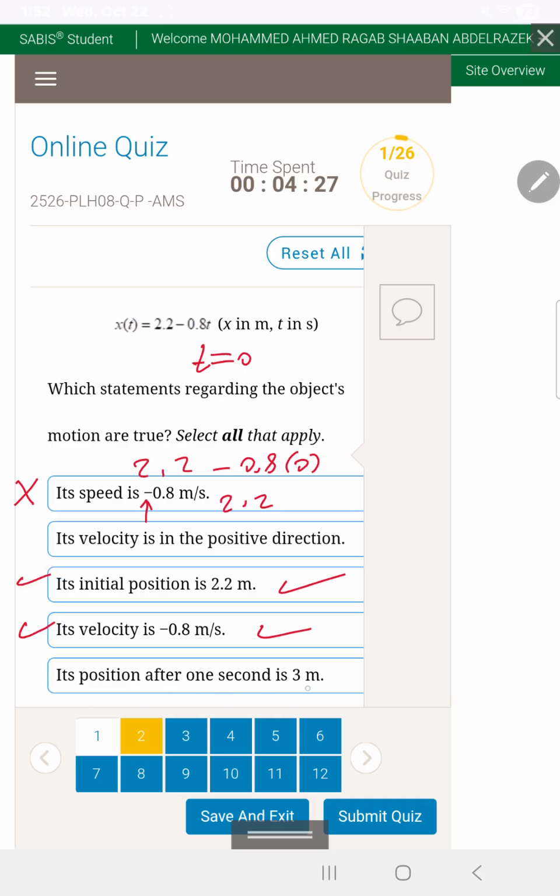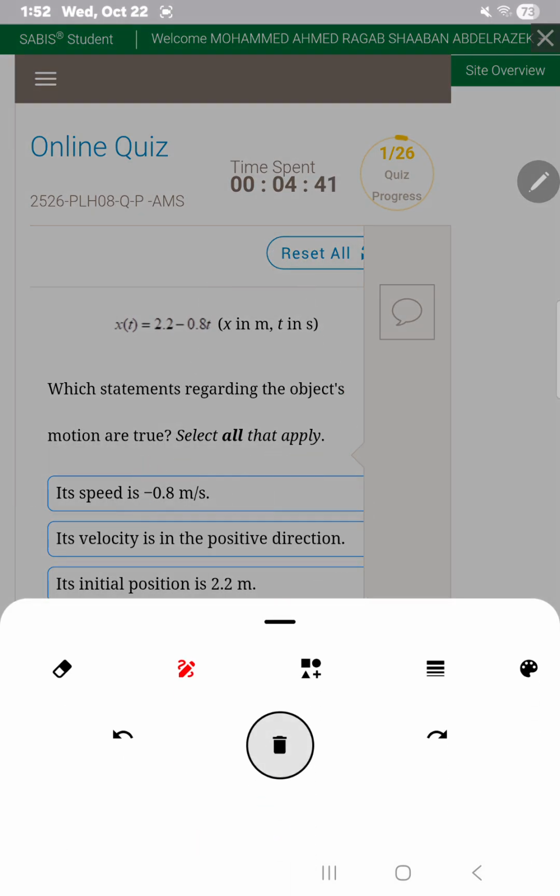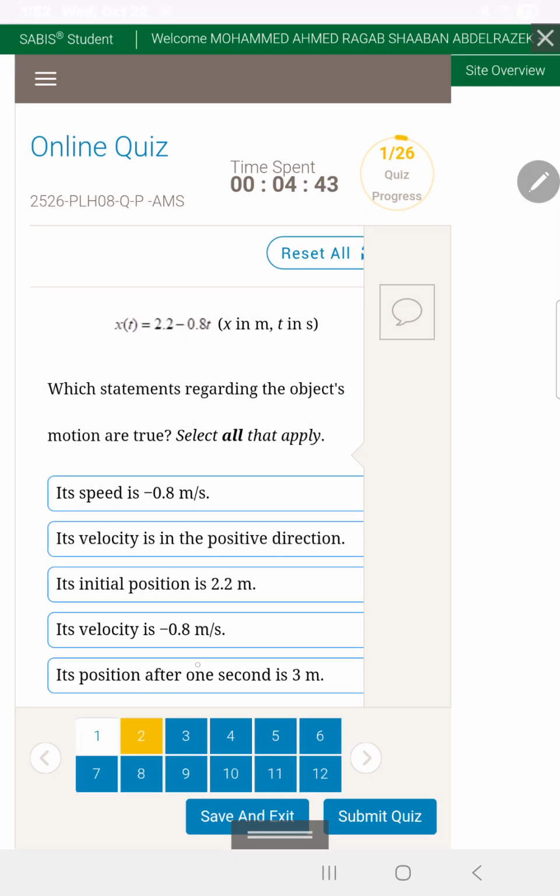Its position after 1 second is 3. This is incorrect because if you plug 1 second in t here, you will not get 3. So this option is also incorrect.